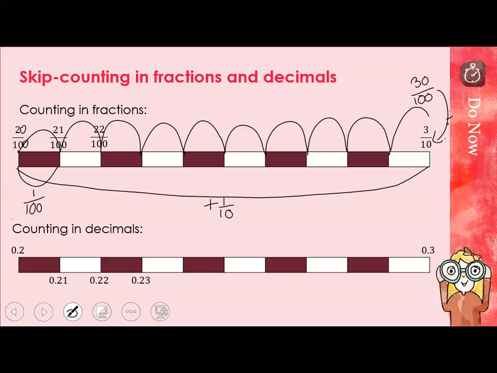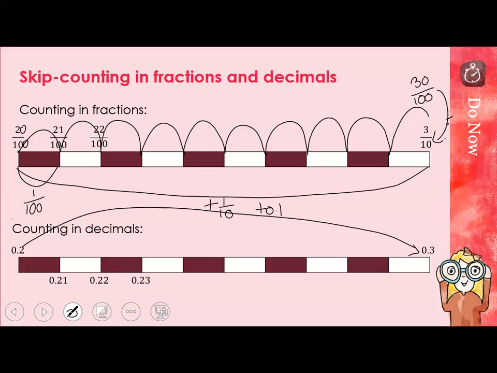Now, the bottom representation is exactly the same, but instead of counting on in fractions, this time I'm going to count on in decimals. So my whole thing is equal to 0.1. I've added 0.1 to get from 0.2 to 0.3. I need to add on 0.1. I've added a tenth, 0.1 being a tenth, just like I did on my first one.